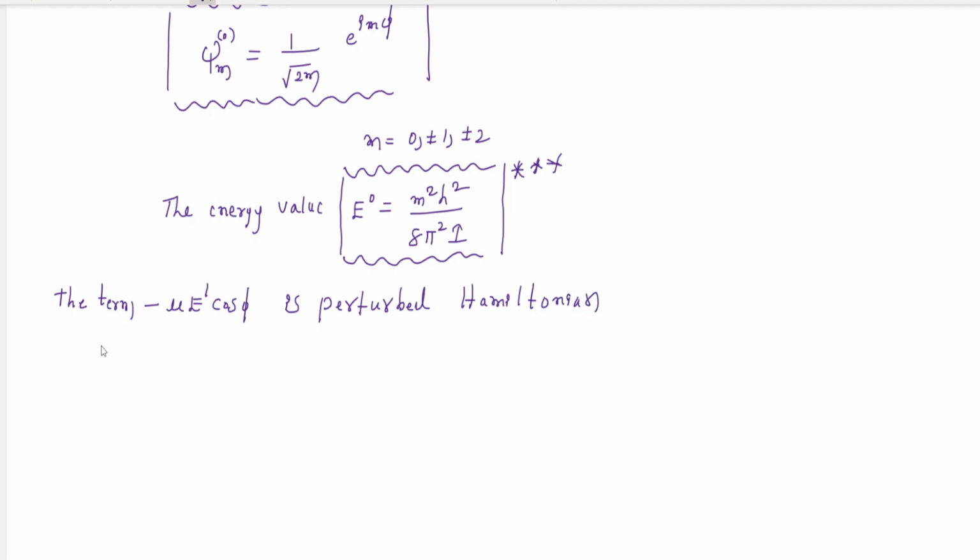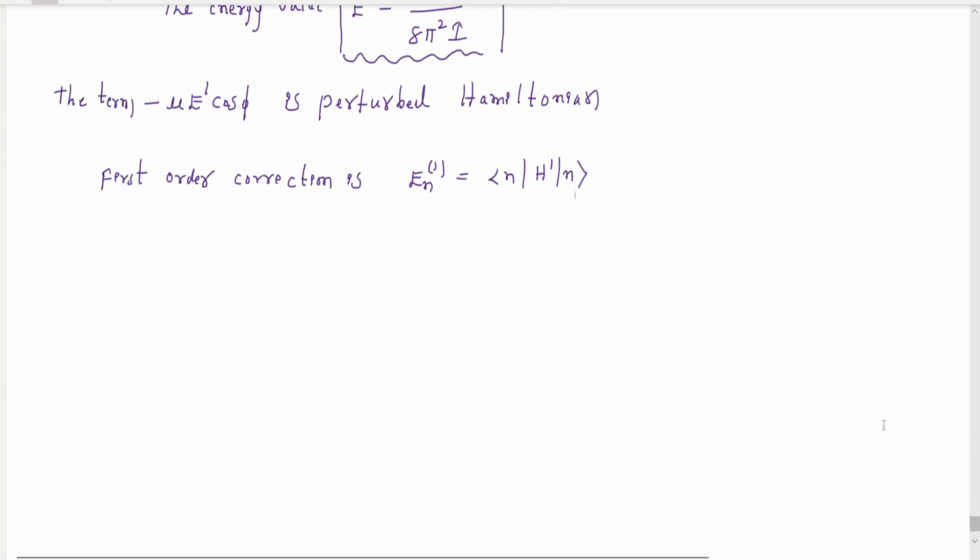Therefore the first order correction is E_n power 1 equals <n|H prime|n>. Here I'm not using any operator method. I'm going to use the integration approach.